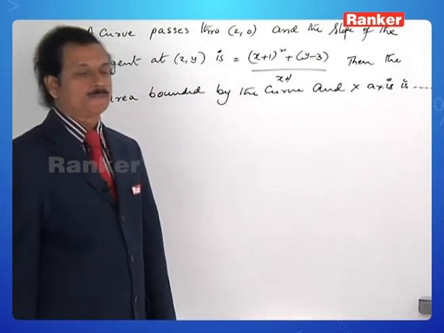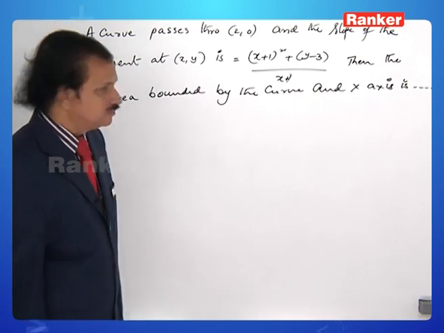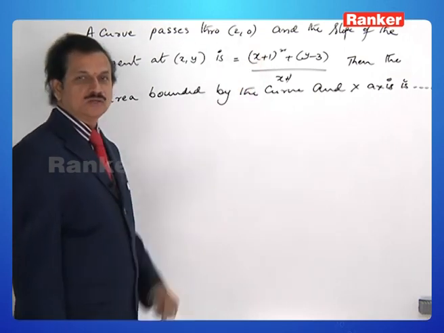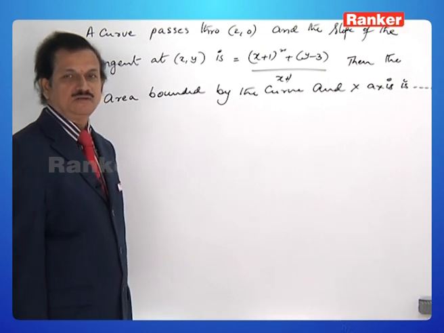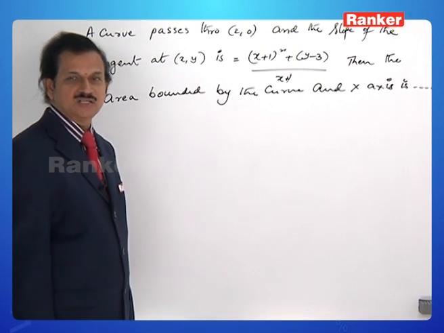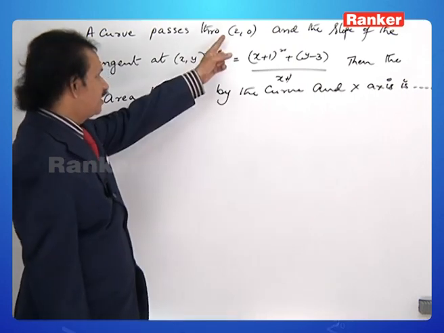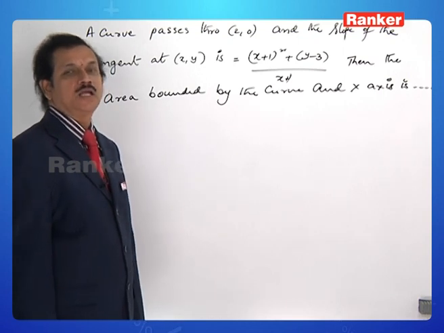But you see, there are two things required. Number one, dy by dx is equal to this, you take it. That is a differential equation. You may have to solve it. There will be an arbitrary constant c that must be obtained by using the point (2, 0). A curve will be obtained.